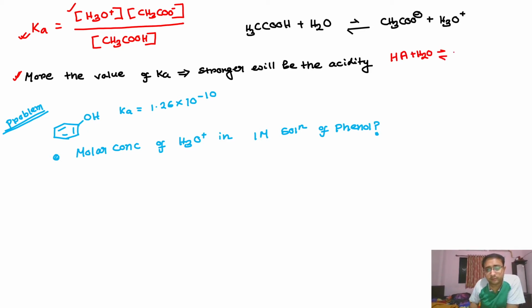In aqueous solution it will give A minus plus H3O plus. According to this, Ka will be equal to the concentration of the dissociated acid times the concentration of hydronium ion, divided by the concentration of undissociated acid.